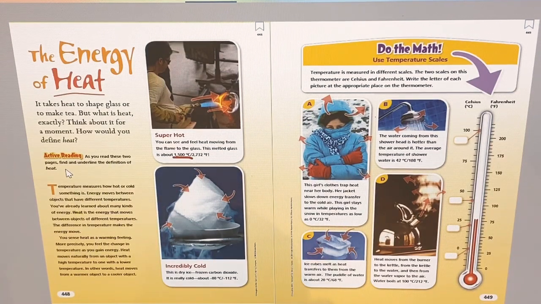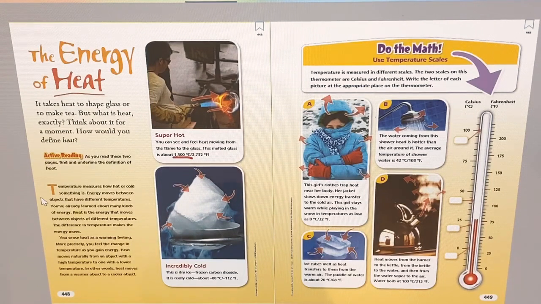But what is heat exactly? Think about it for a moment, how would you define heat? All right, now, temperature measures how hot or cold something is, right? We know that. Energy moves between objects that have different temperatures, all right? Let's agree on that, please.